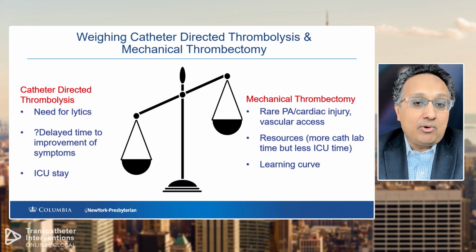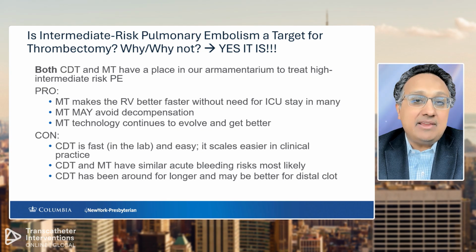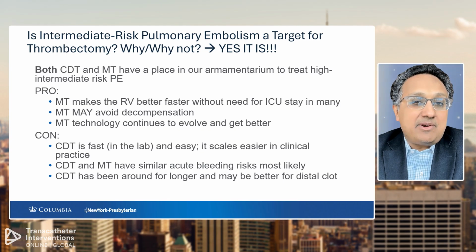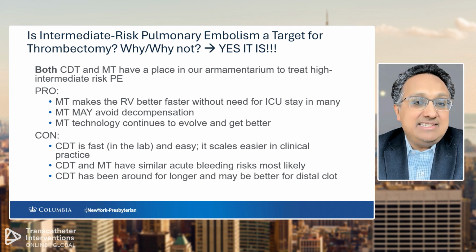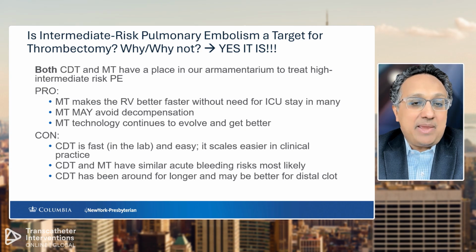Those patients do poorly when they get large catheter thrombectomy. And so I would argue that in intermediate risk pulmonary embolism, it is a catheter-based therapy target, but it's a target for both CDT and mechanical thrombectomy. And it really depends on the individual patient which therapeutic option you pull out first.